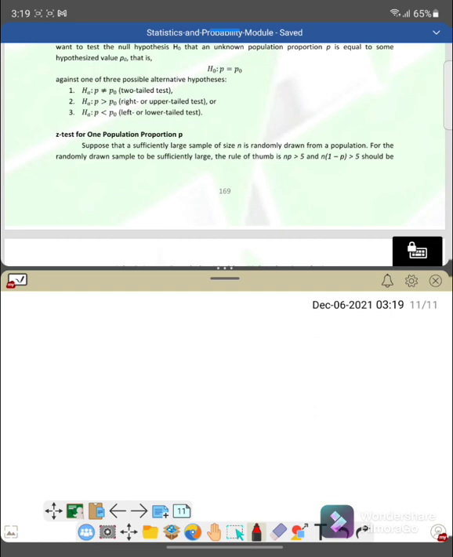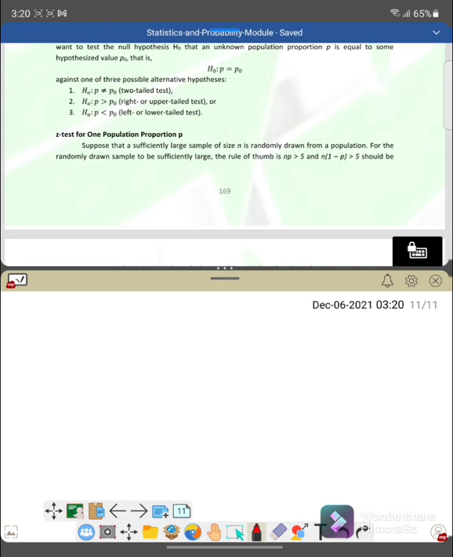Suppose that a sufficiently large sample size n is randomly drawn from a population. For a randomly drawn sample to be sufficiently large, the rule of thumb is np is greater than 5. So we multiply your sample size times your population proportion. It should be greater than 5.